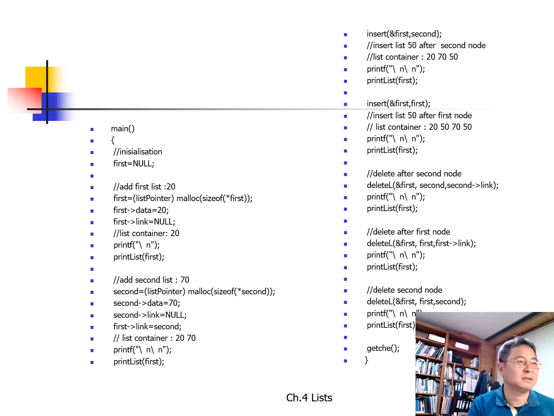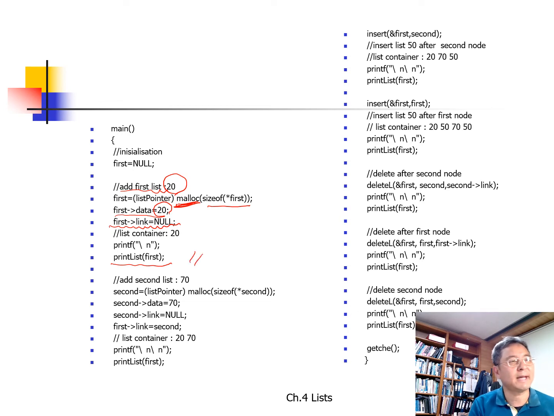Okay, so this one is using malloc and add first list 20. The data is 20. Then first is allocated as the size of the first memory space, and the first data becomes 20, and this is the last element, so the link field must be null. And then print all of the data, print first.